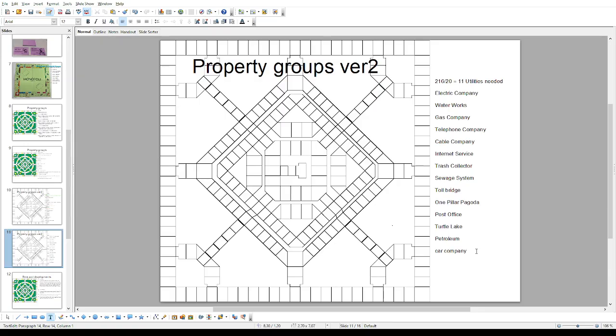Two of the things that I also used as sources of inspiration are Hanoiopoly and Saigonopoly, which were made by the same people who made Islandopoly.